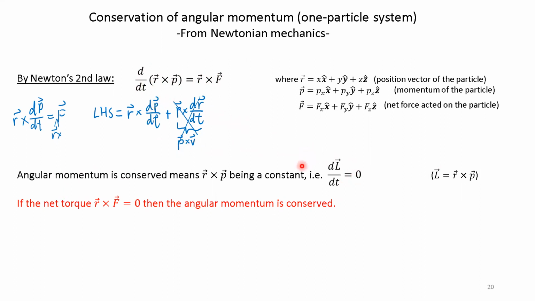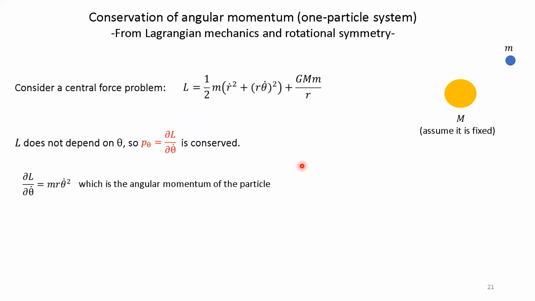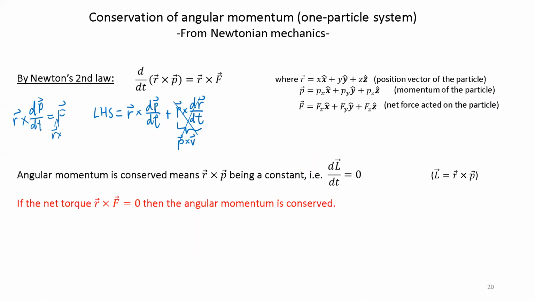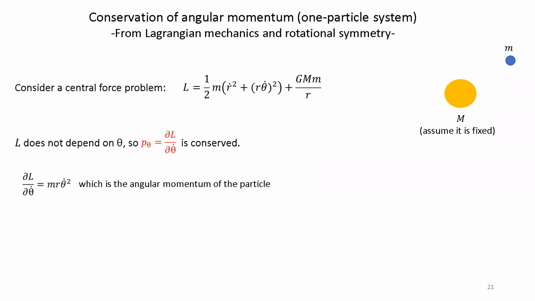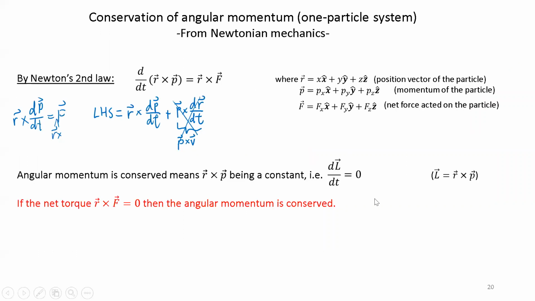Okay. So here again, we are using another perspective to think about this. I also believe that you have learned that the torque being 0 doesn't mean that the force is 0, because as long as r and F are parallel to each other, even if they both are non-zero, your torque is still zero.